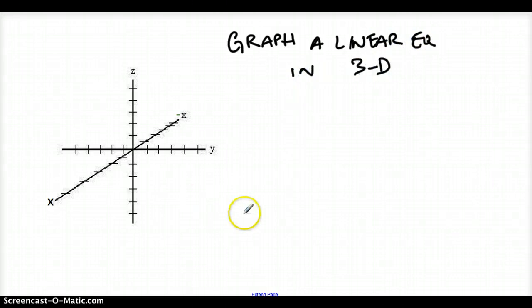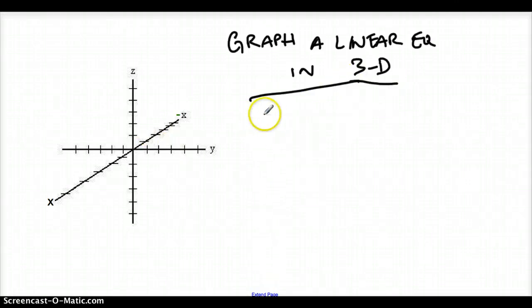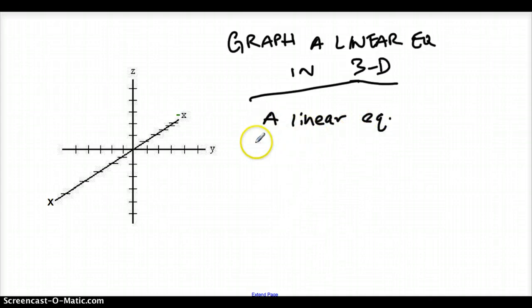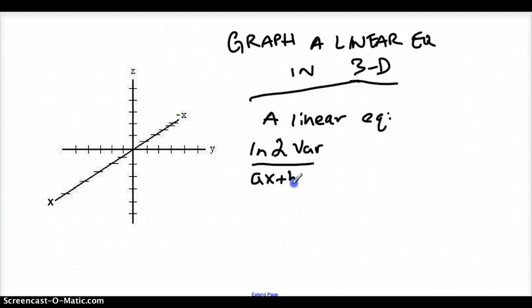A linear equation in two variables is of the form ax plus by equals c, and the graph of an equation is the graph of all of its solutions, right?